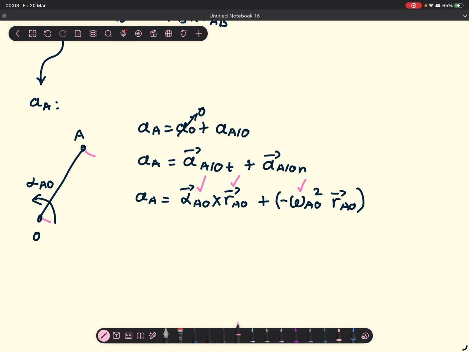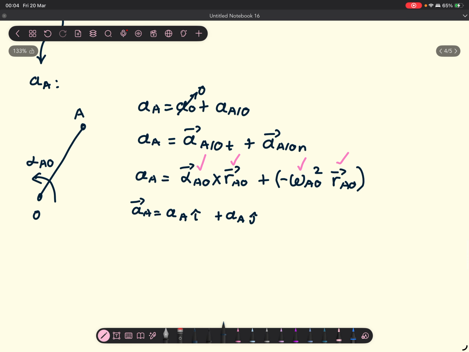It's the position vector between O and A, and this is also the position vector between O and A. So we can find the acceleration of A. And the acceleration of A will be, I'm just going to write it in components. You'll see why later. So we're going to have A I hat plus A J hat, right?